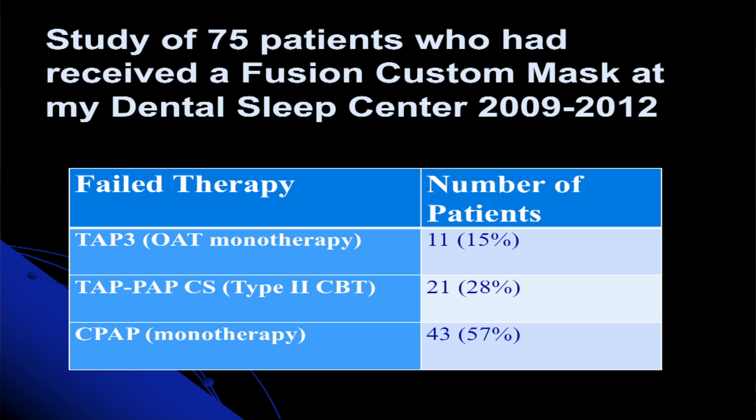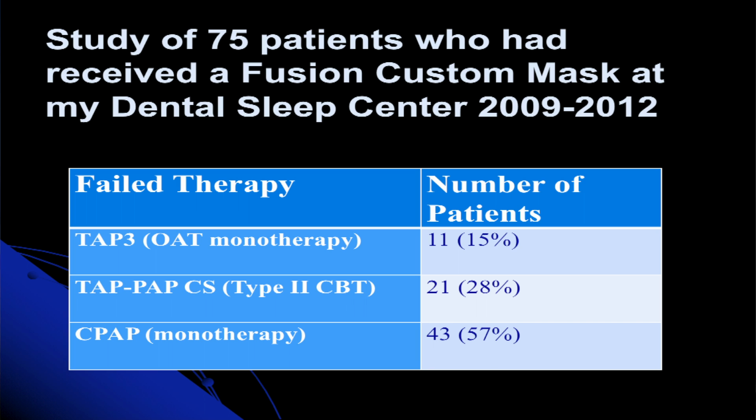That's 28%, but the bulk of the people that went into the custom mask, which is a device we use for combination therapy, a bulk of them are severe apneics. They could not tolerate the CPAP. And so they're severe. And my studies show that they are on the severe end of the spectrum of obstructive sleep apnea.